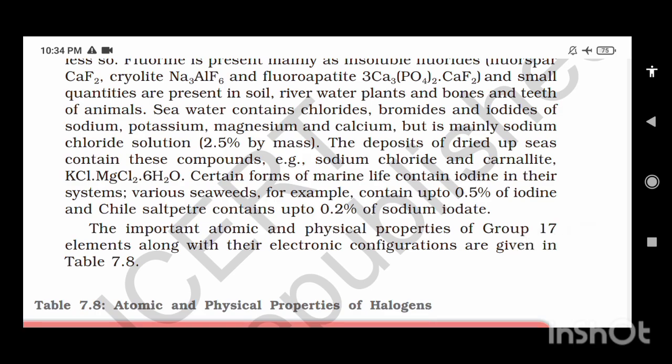Certain forms of marine life contain iodine in their systems. Various seaweeds, for example, contain up to 0.5% of iodine, and Chile saltpeter contains up to 0.2% of sodium iodate.